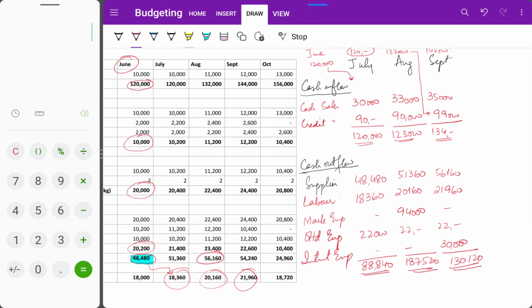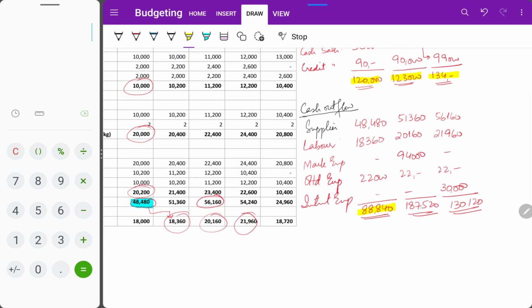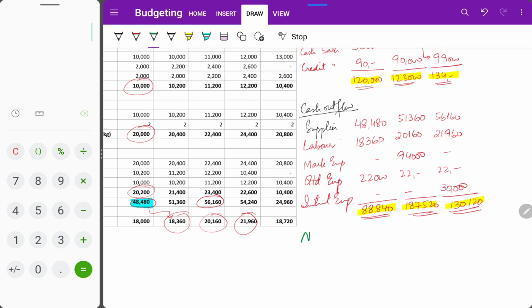So the cash inflow is 120, 123 and 134. Cash outflow is 88,000, 187 and 130. So what will be the net cash flow? Net cash flow will be 120 minus 88.84, so that is 31,160. It's positive, right?